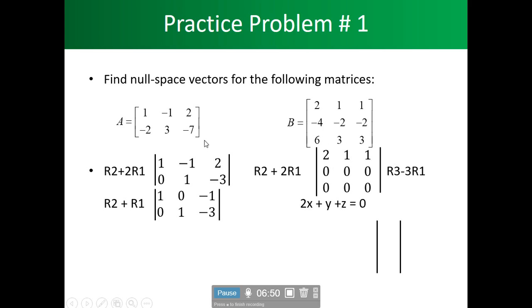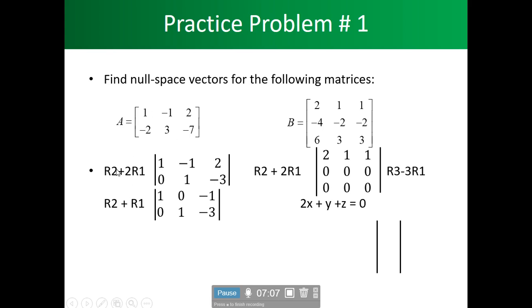Okay, so now let's go over to this one, and we'll finish this one up on this next page. Okay, so right here, what we have is that this is not multiples, so we have to work a little harder. But we need to get some zeros in here.